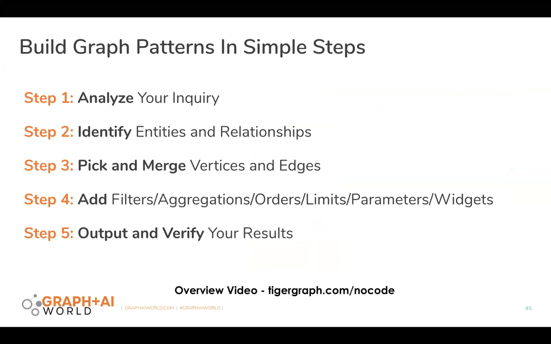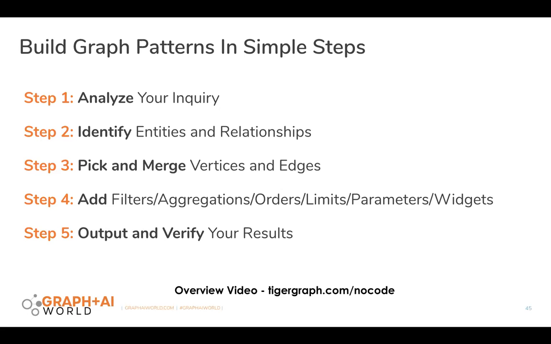All right, how to build graph patterns in simple steps? From a high level, we have this 5-step process. The first step, analyze your inquiry, like the one I mentioned two slides ago. Step 2, identify and break down the entities and relationships in your inquiry.